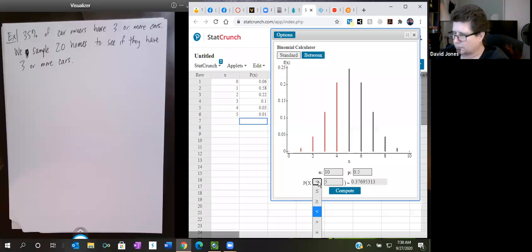So, is this a binomial experiment? I have a fixed number of houses I'm going to check. The number of trials is 20. It's fixed. Yes. Are the trials independent? Yes. Each house should be different than its neighbor.